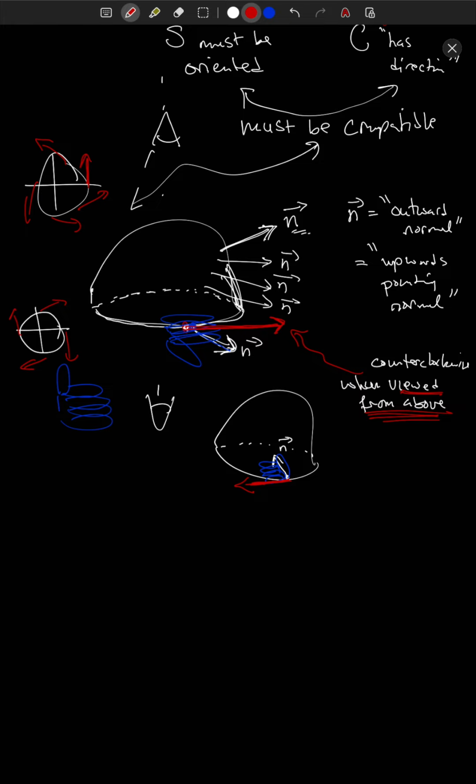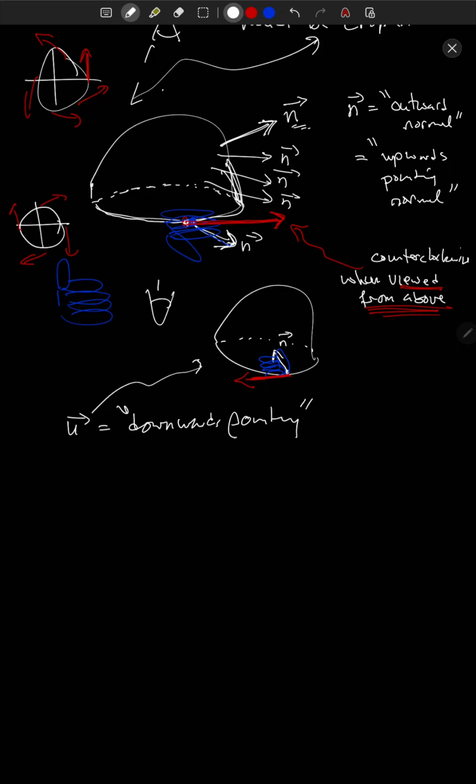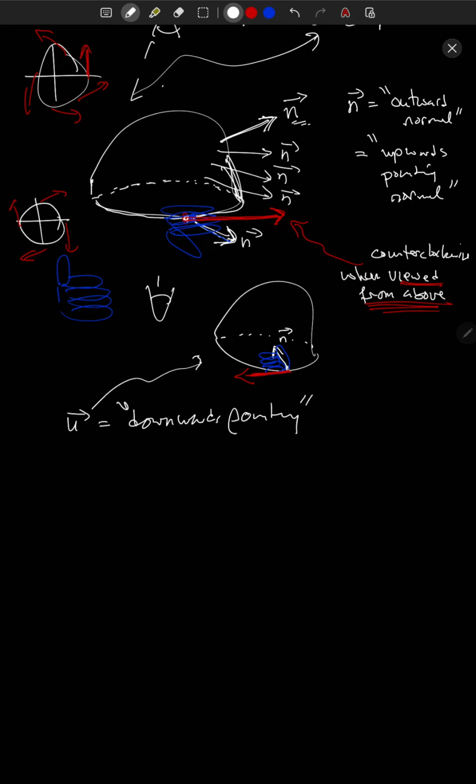On the other hand, in this second example, n is "downwards" pointing. These are in quotes because it's a colloquial description.